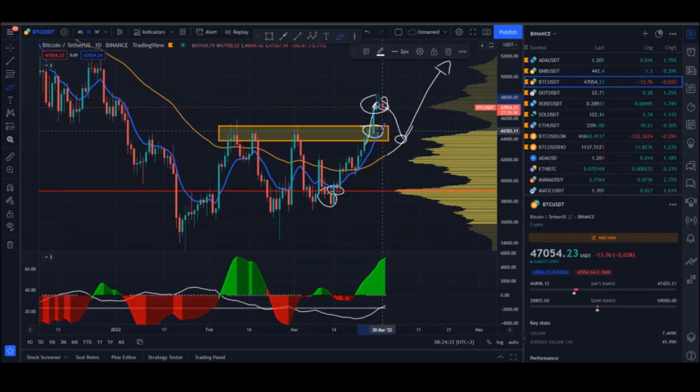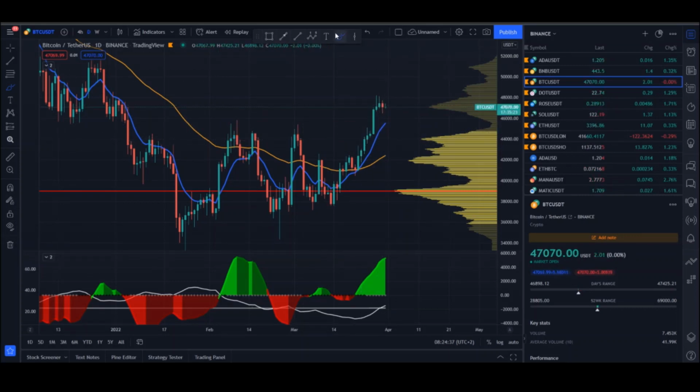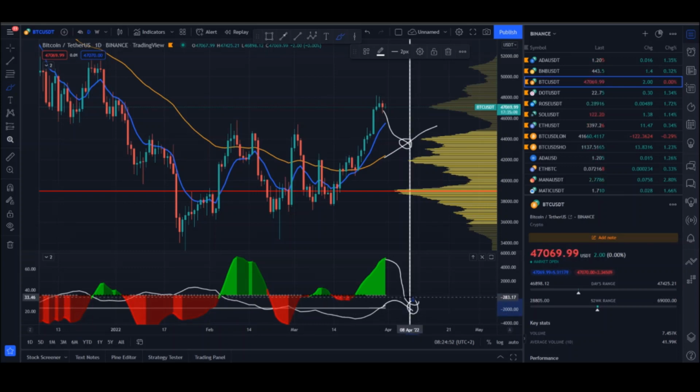I don't want to risk the probability of having a pullback here, so I sell 50% here, and now I have to wait for a pullback to the average, and here with a confirmation pattern, okay, here something like that, here will be the new moment, maybe in the first week or in the second week of April. I think the pattern will confirm us a new signal to buy.